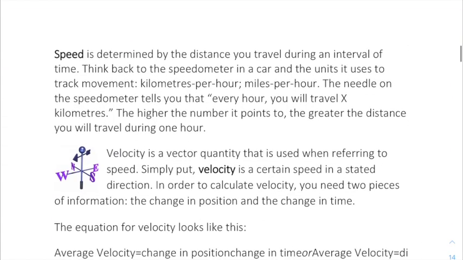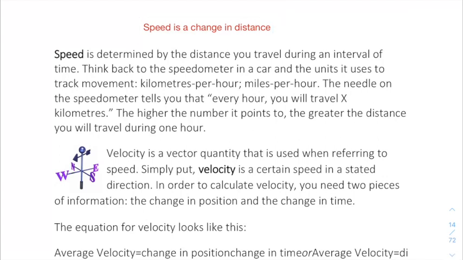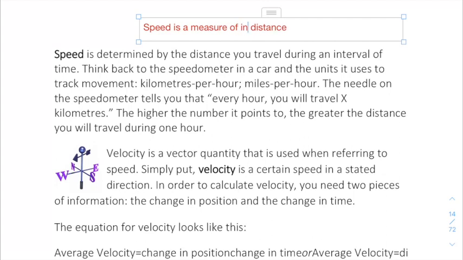Meanwhile, speed is a measure of a distance over a time interval.